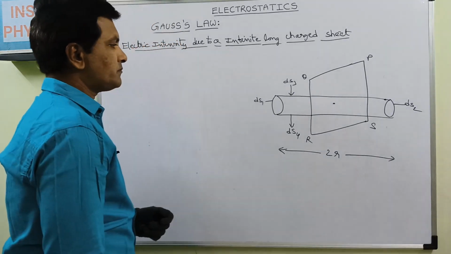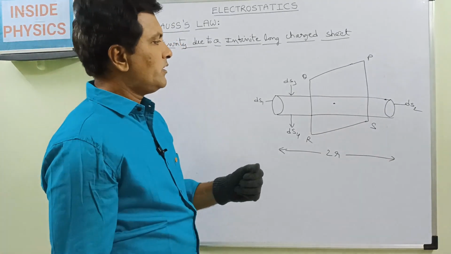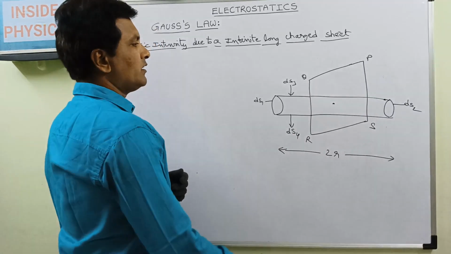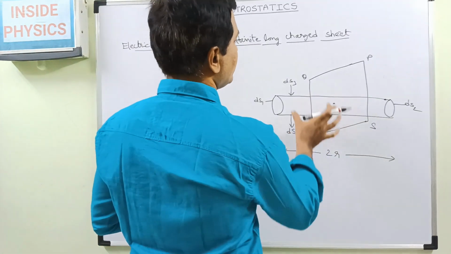So what should we do to calculate the entire flux coming out of this Gaussian surface?